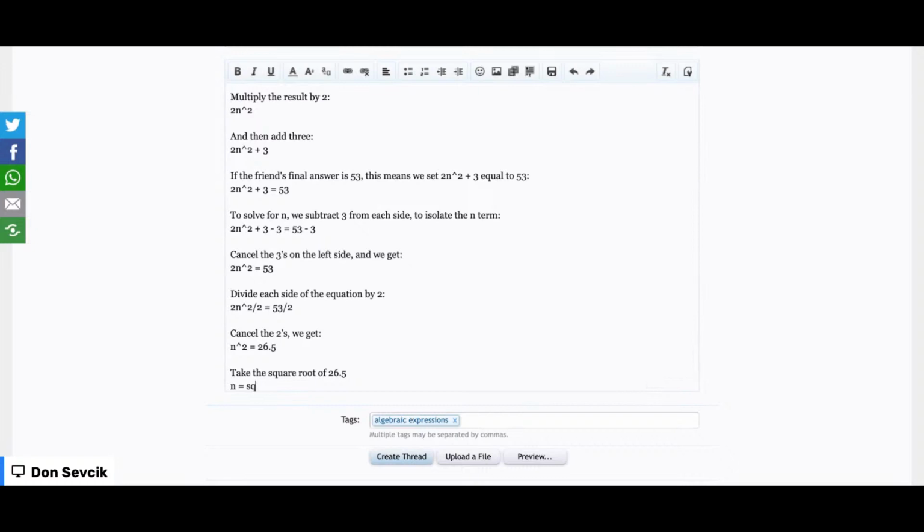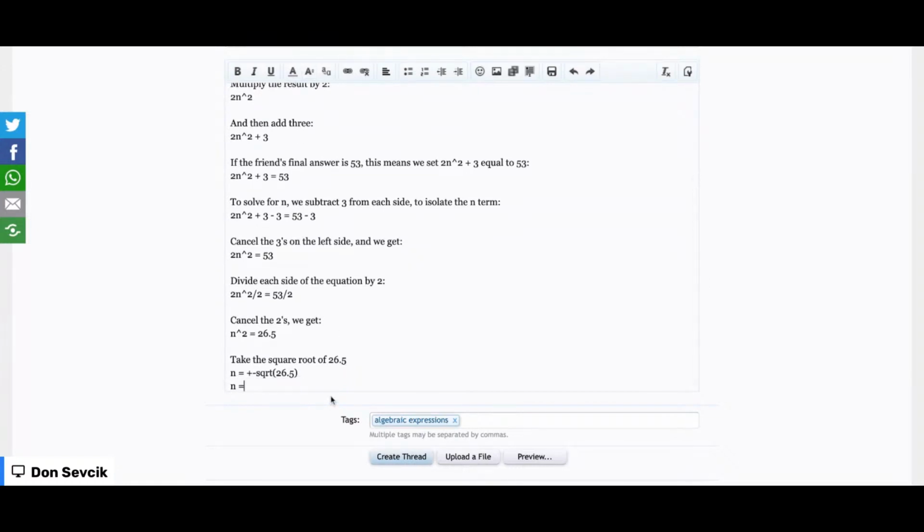So n equals plus minus the square root. I'm going to take the square root of this. n equals plus minus this.